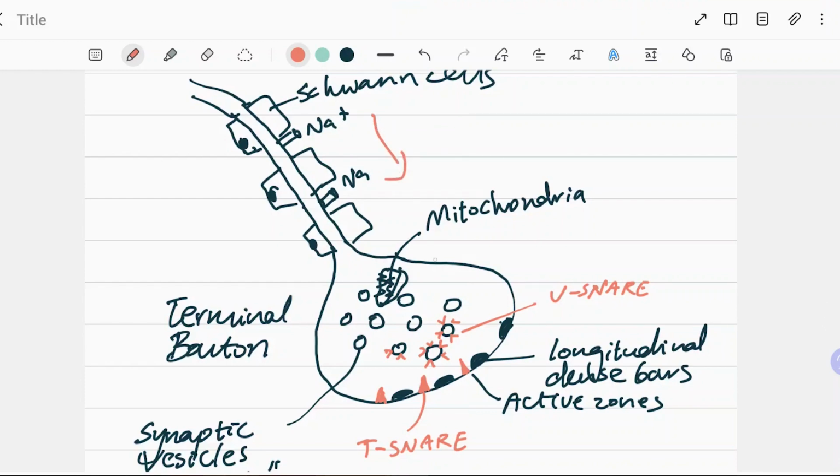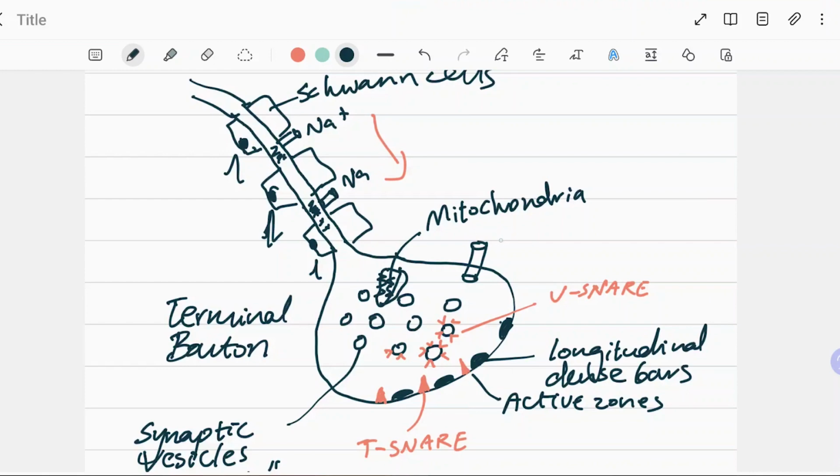So what happens is, an action potential comes down this axon and causes sodium to come inside. Sodium enters, spreads and opens more sodium channels, so more positivity spreads. You're causing depolarization, and the action potential moves down until we reach the terminal bouton. Now I forgot to mention there's an important ion channel located in the terminal bouton.